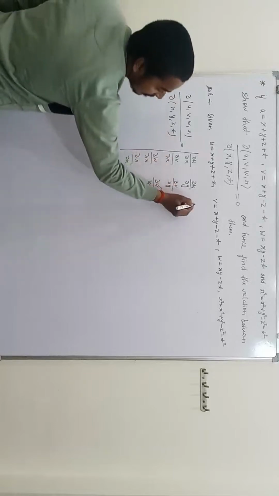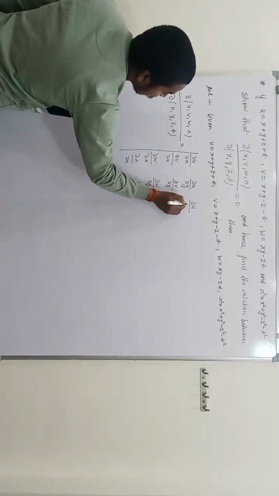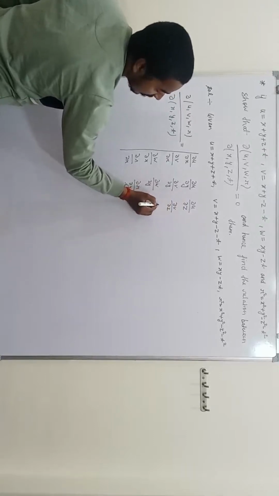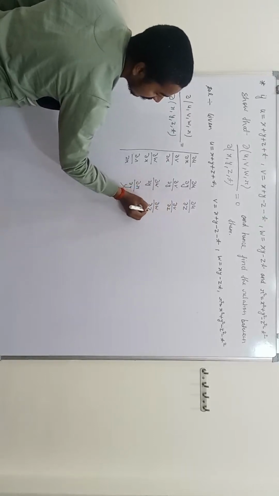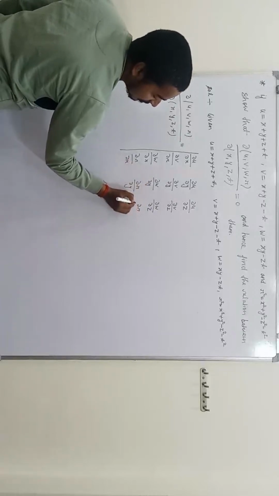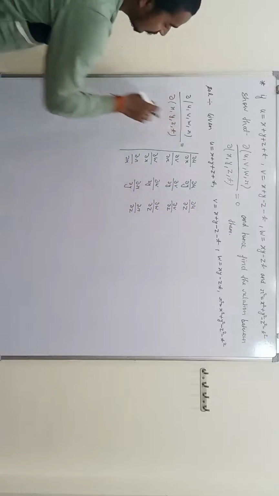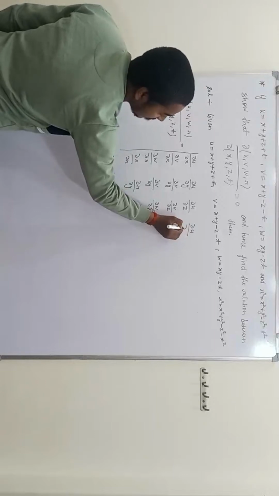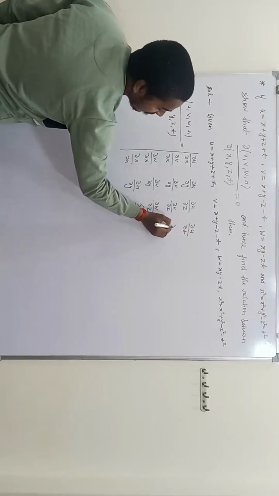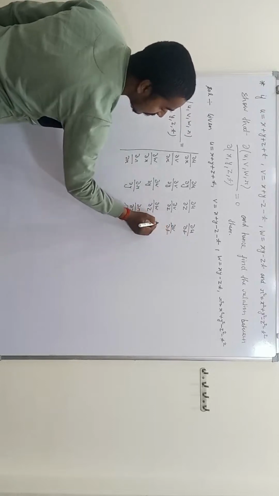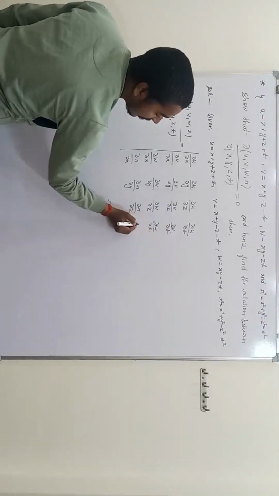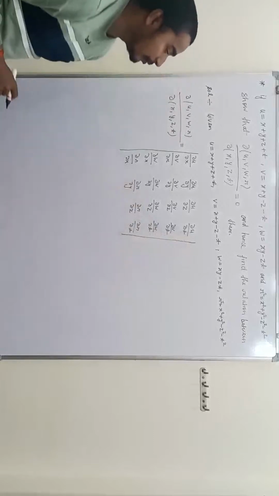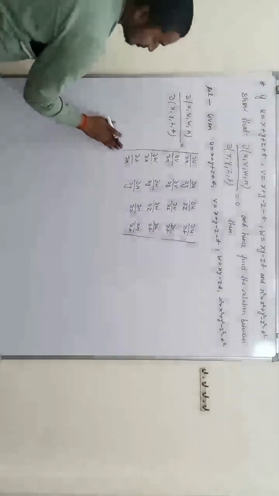For z, that is del u upon del z, del v upon del z, del w upon del z and del r upon del z. For t, that is del u upon del t, del v upon del t, del w upon del t and del r upon del t. We have to find the values and put them in the determinant to further solve.